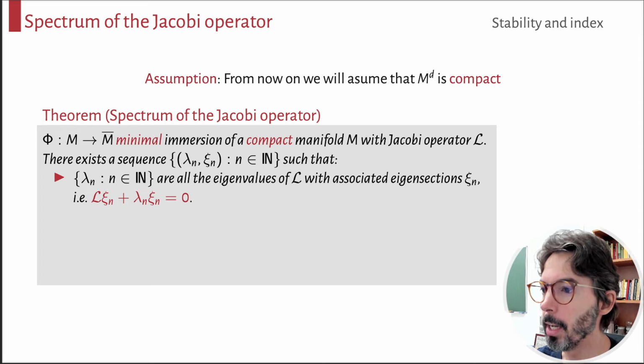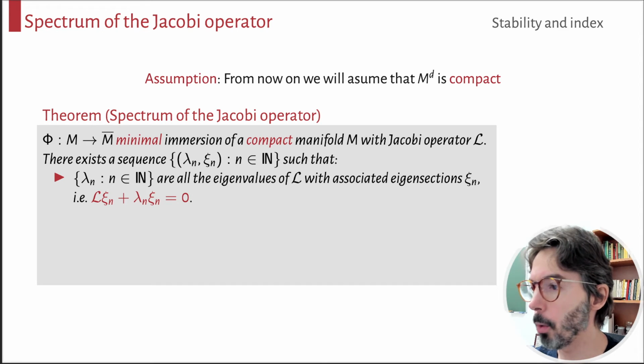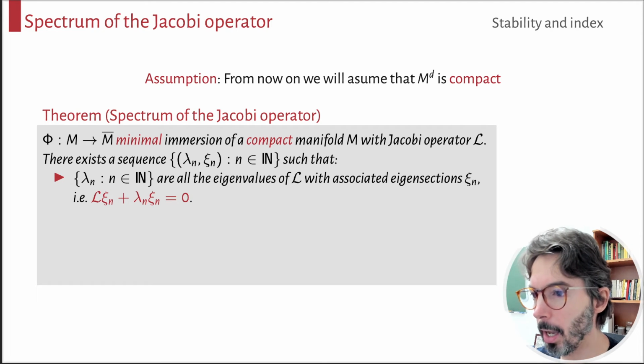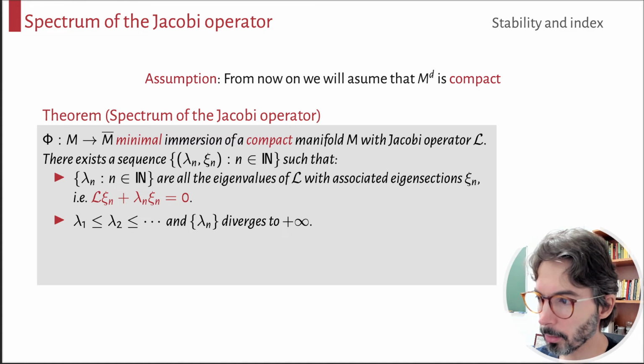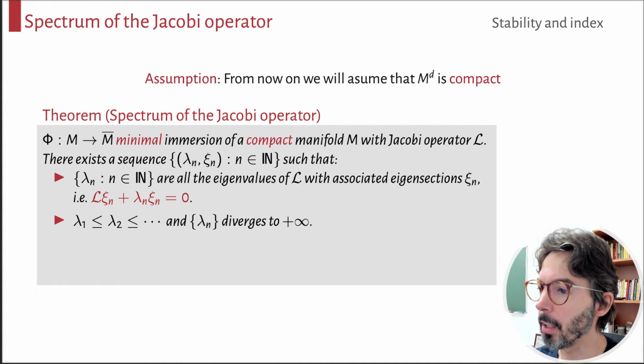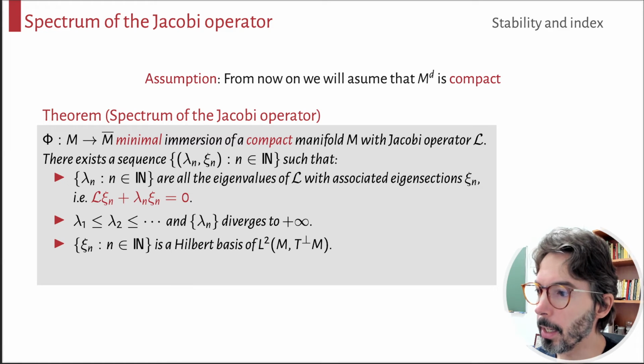In this case, since our manifold is compact, the Jacobi operator is well behaved, and it actually behaves as a Schrödinger operator, in the sense that it has a well-defined set of eigenvalues. The set of eigenvalues is increasing and diverges to plus infinity, and the eigensections form a Hilbert basis of the space.